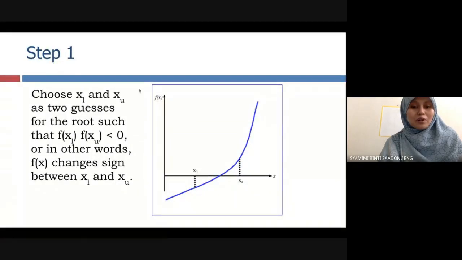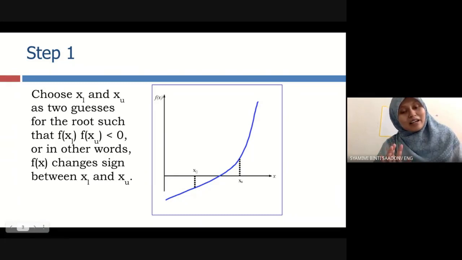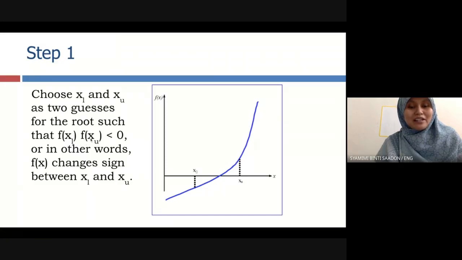So we make two guesses, XL and XU. We choose XL and XU such that the required condition is that f(XL) multiplied by f(XU) is below 0, which means negative.